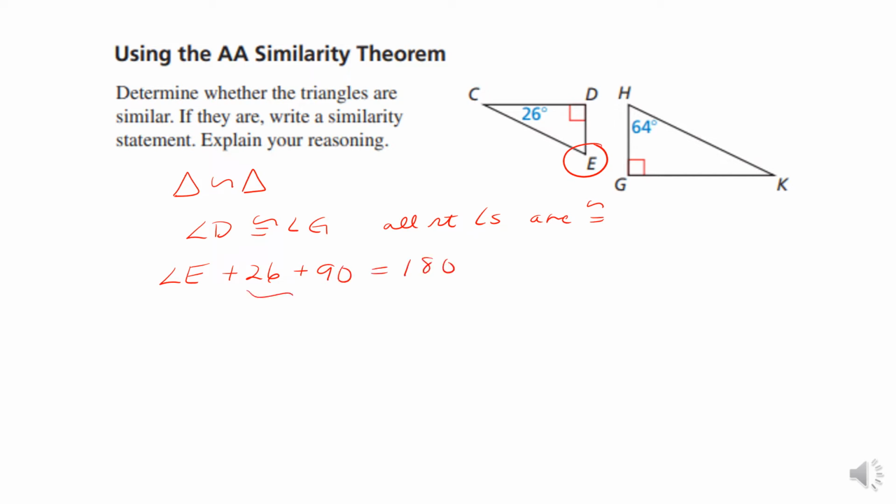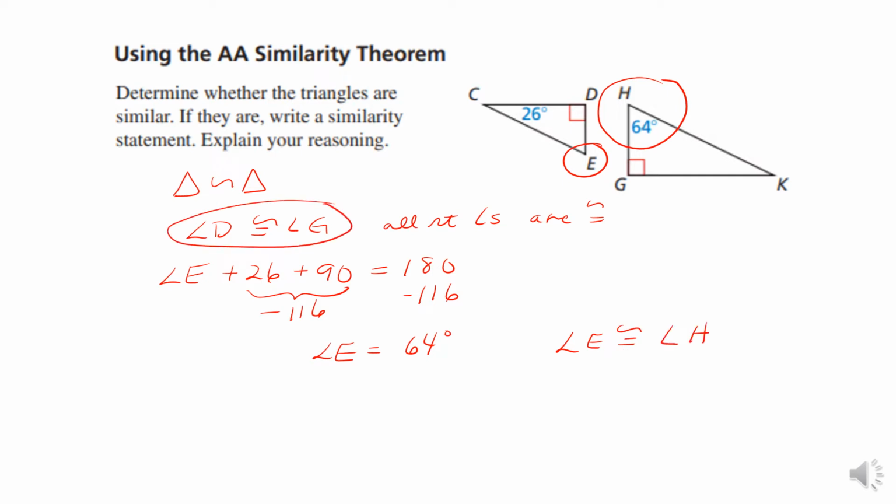So this equals 116, I subtract that from both sides, and I get angle E equals 64 degrees. Then I look up here and see angle H equals 64. So now I can say angle E is congruent to angle H, and now I've got two angles.